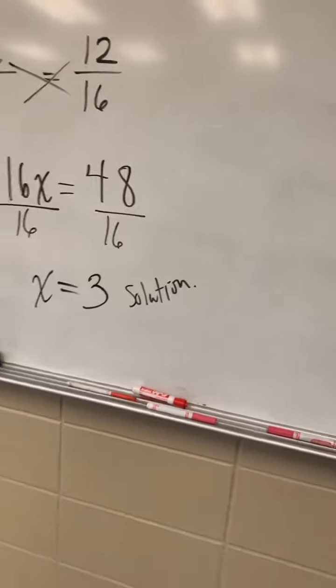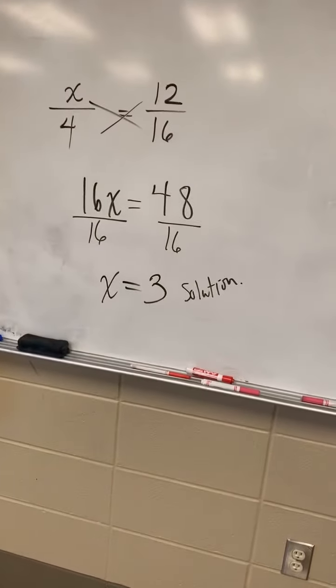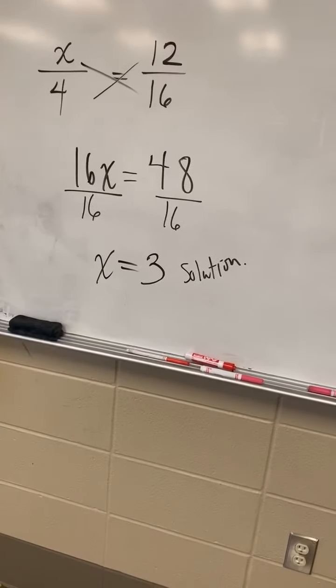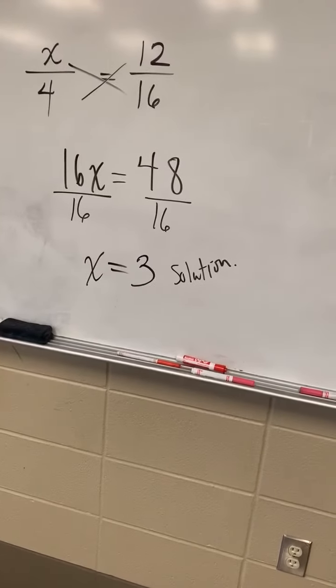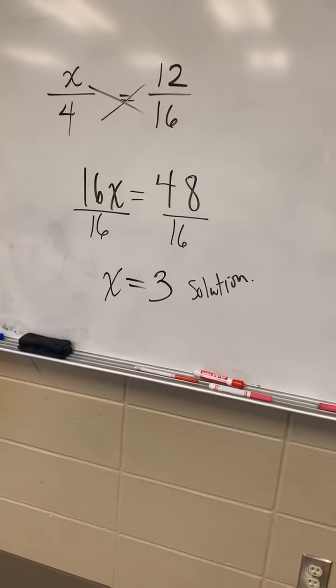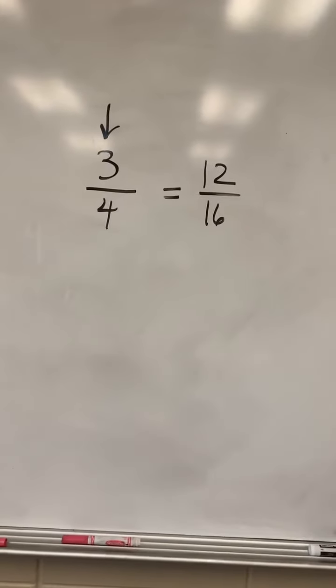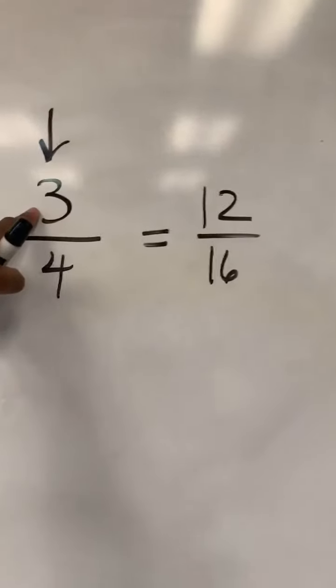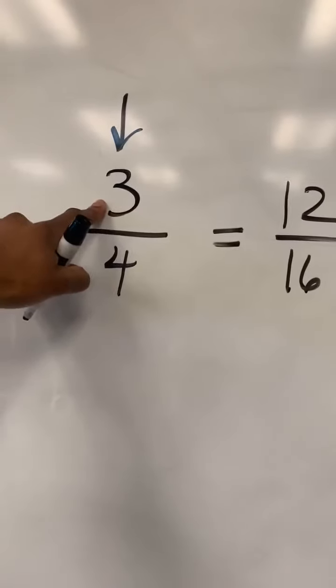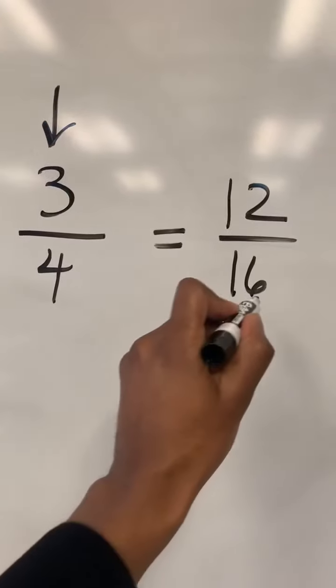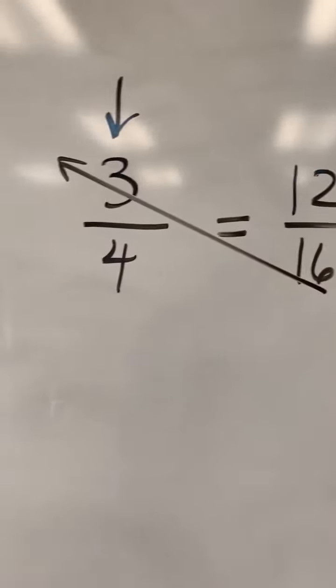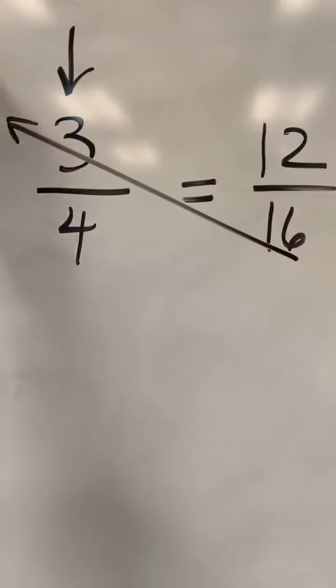But remember, a solution is a true statement. All we have to do is just verify that we have a true statement now. So remember, we just figured out that this number is 3. So I set the 3 there instead of the x. And then I run through it again just to see what happens. I multiply these two together. I get 48.